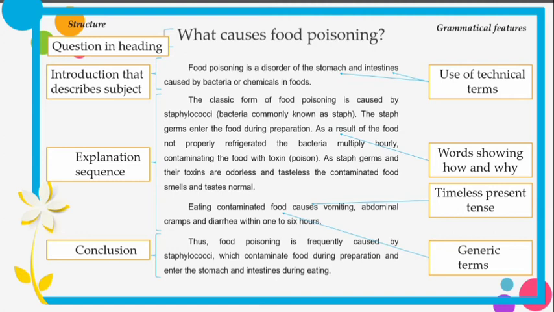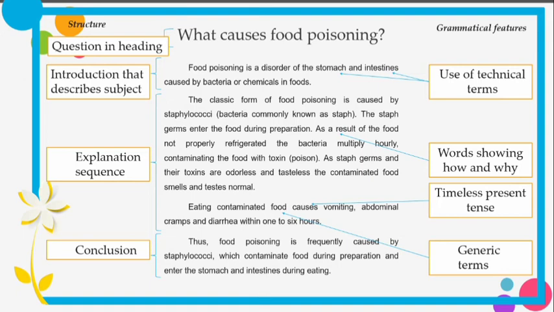The staph germs enter the food during preparation. As a result of the food not being properly refrigerated, the bacteria multiply hourly, contaminating the food with toxin or poison. As staph germs and their toxin are odorless and tasteless, the contaminated food smells and tastes normal.